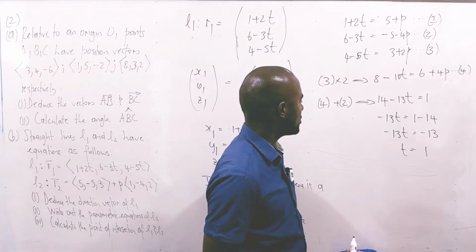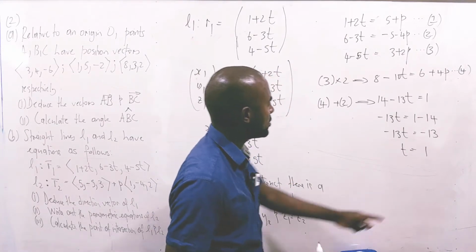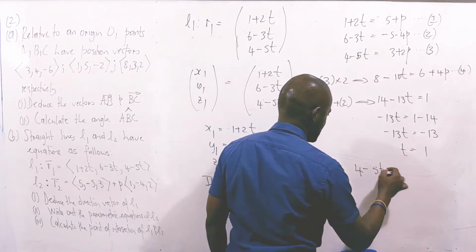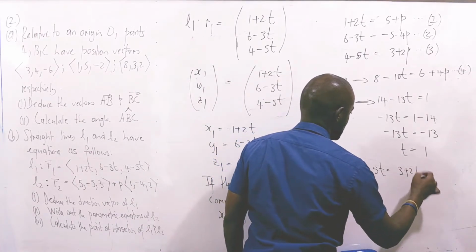Now let's put t equals 1 into equation 3. So we have 4 minus 5t is equal to 3 plus 2p.